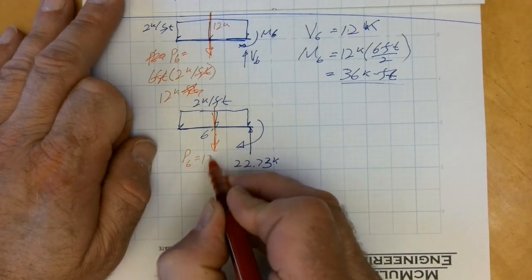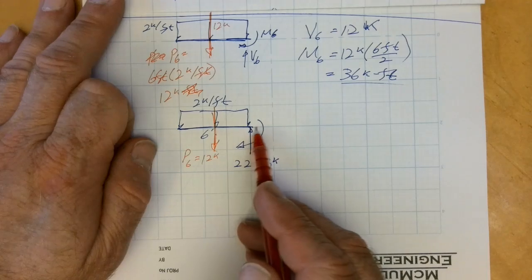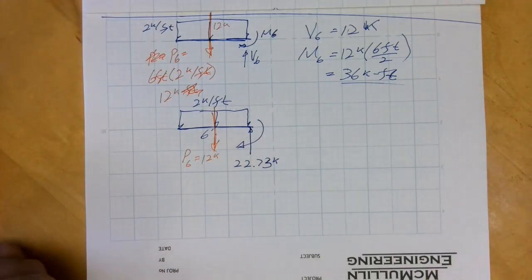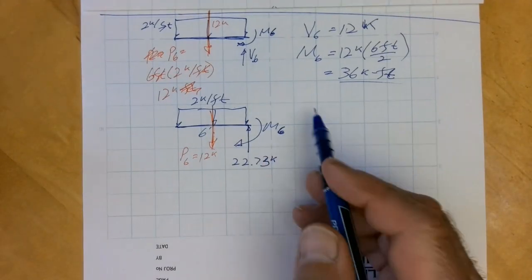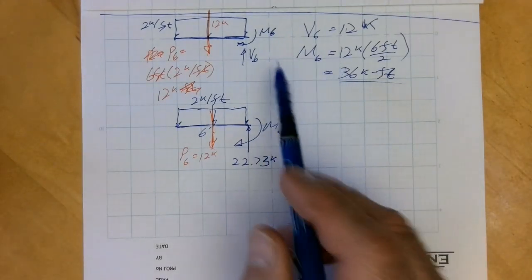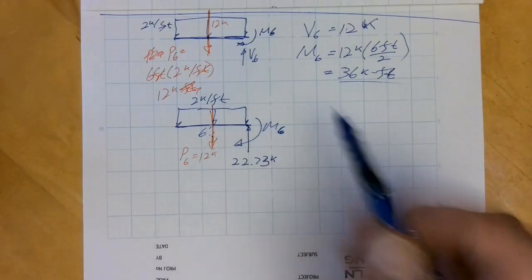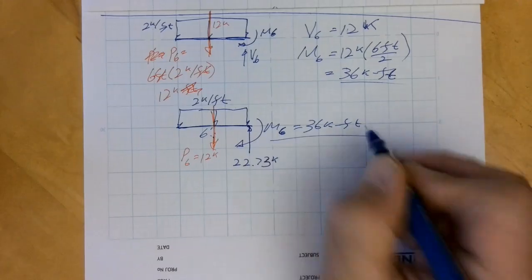And we know P6 equals 12 kips, because again, I'm only going 1/1000th of an inch past, and for all intents and purposes, it's 6 feet. Okay, so moment at 6 is the same thing, because my moment arm didn't change. It's still 3 feet. My load's 12 kips. So I have 36 kip feet for my moment.